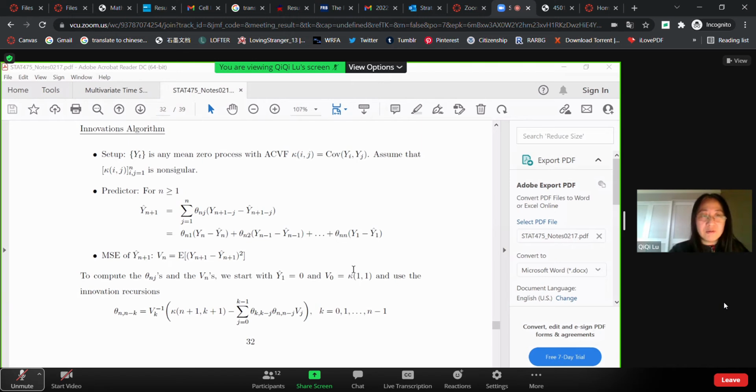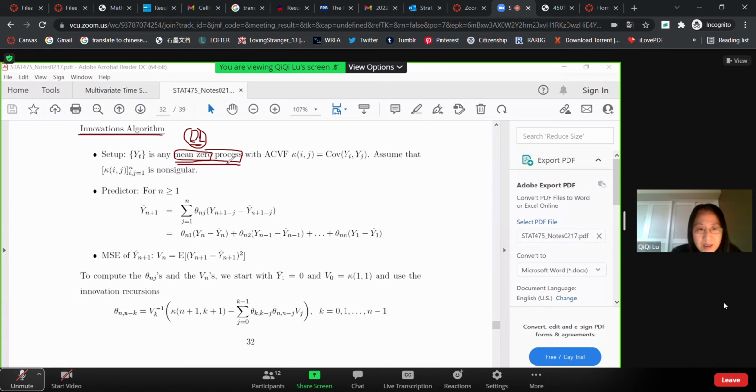So the DL algorithm, you can use this one for any zero mean stationary time series. And the innovations algorithm, we still need a zero mean process, but it could be stationary or non-stationary.